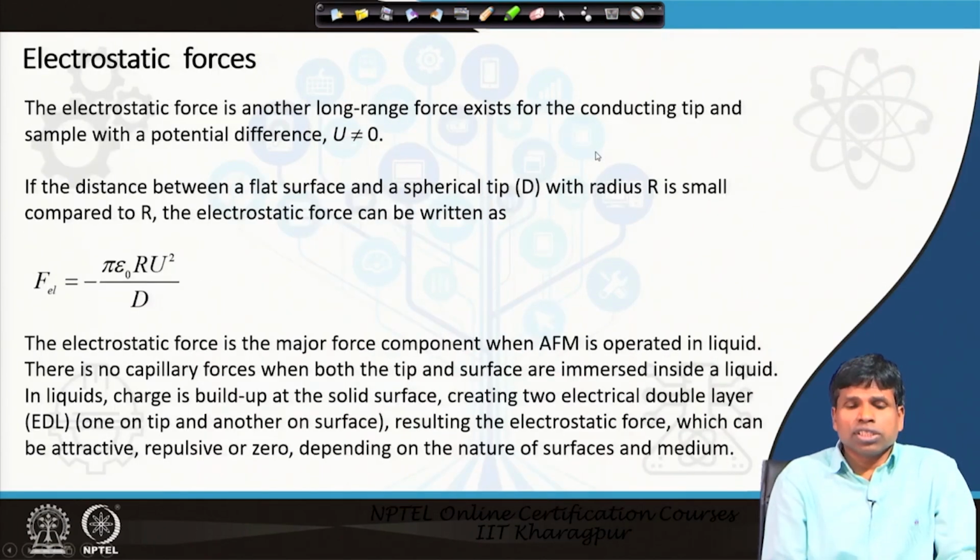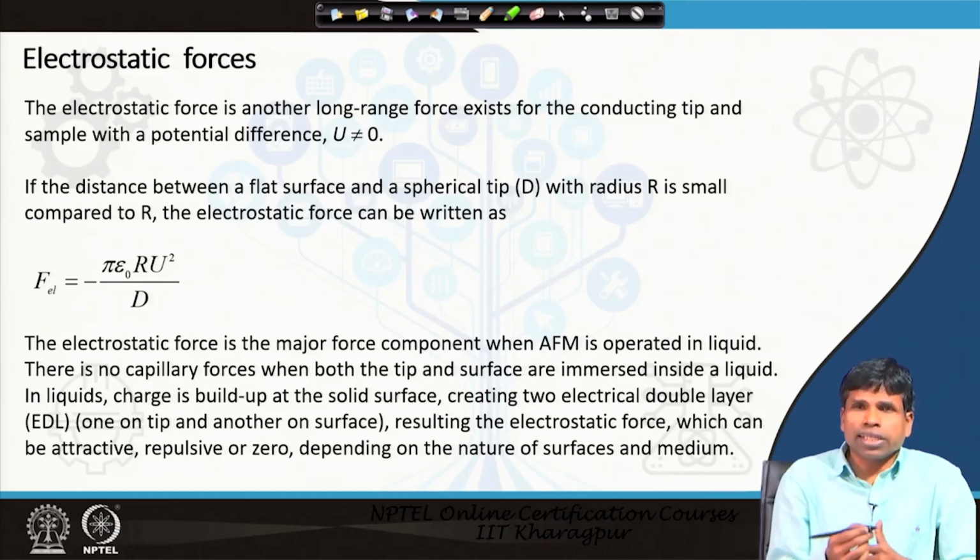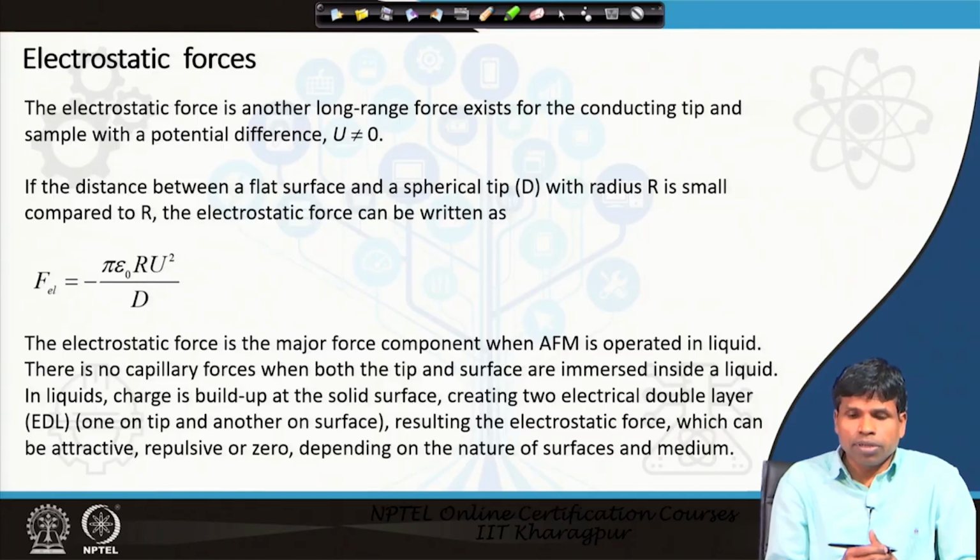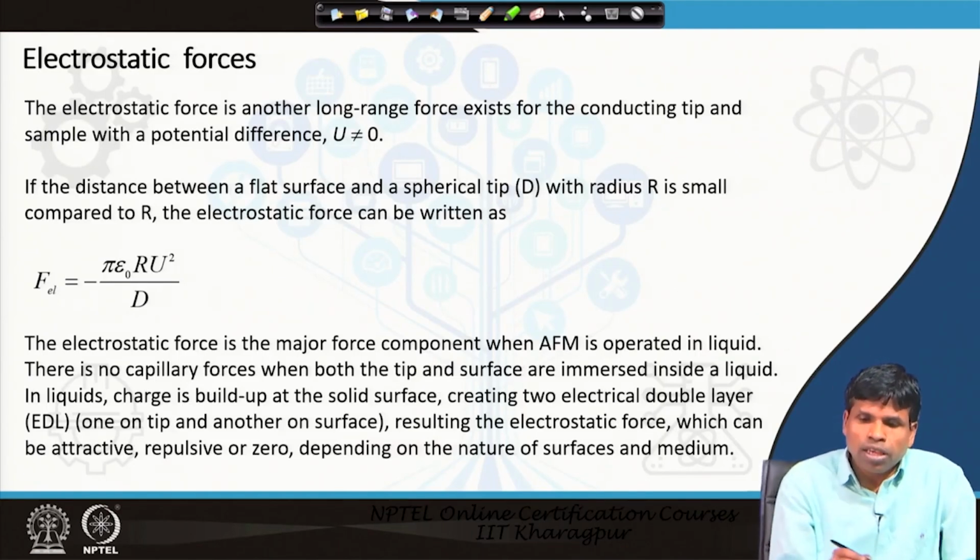Then we have the electrostatic force. It is another long range force, and the electrostatic force exists between a conducting tip and a conducting sample. They have to be conducting, and when there is a potential difference, there will be electrostatic attraction. That electrostatic attraction gives us the electrostatic force. Consider a flat surface and a spherical tip with radius r, where the distance d between the tip and sample is smaller than the radius of the tip.